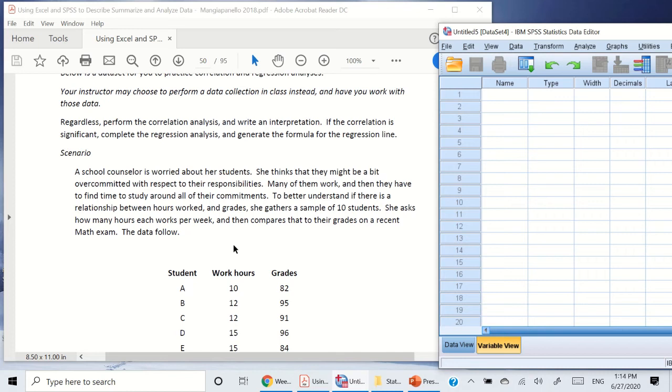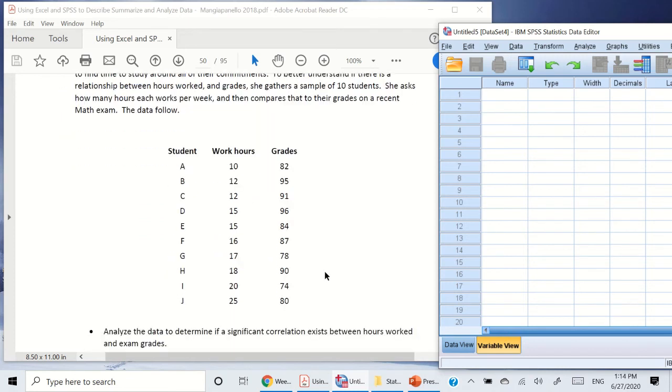Many of them work and then have to find time to study around all of their commitments. To better understand if there is a relationship between hours worked and grades, she gathered a sample of 10 students. She asked how many hours each works per week and then compared that to their grades on a recent math exam. The data follows.